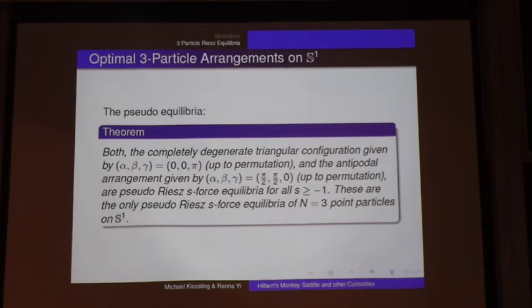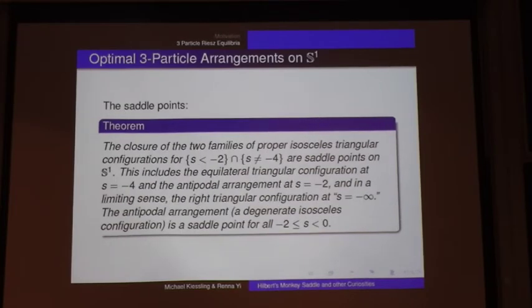Pseudo-equilibria are those, as I said, when the force is not defined in a proper sense, but you define them when particles are sitting on top of each other and a small variation leads to either an increase or decrease of energy. And there is only the total collapsed configuration and the antipodal configuration, the 1-2 configuration, that are pseudo-equilibria. There are no others. And that happens only when you actually have a non-proper force. That means when S is bigger than -1.